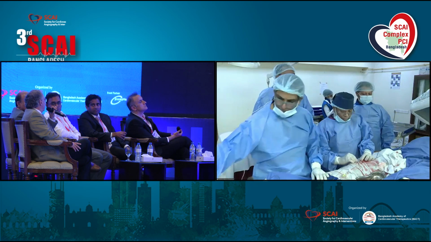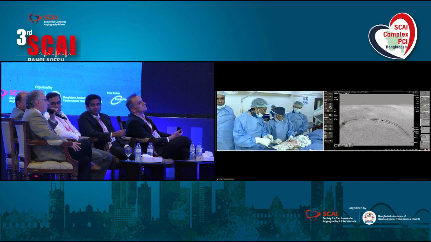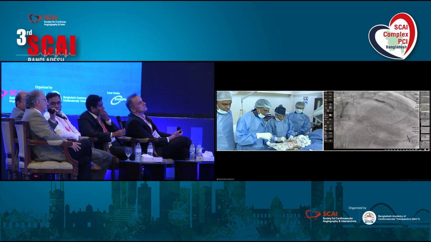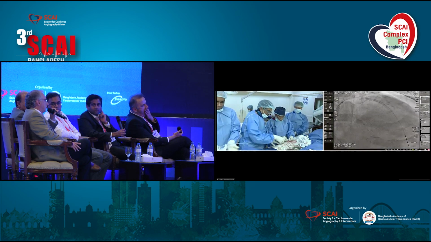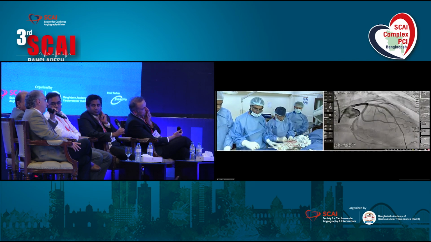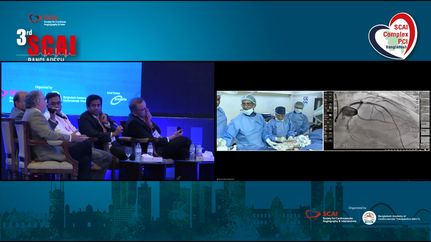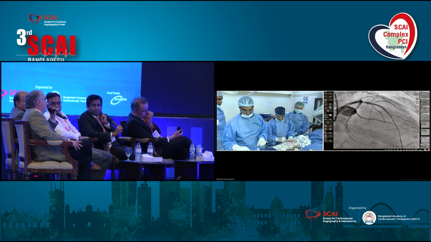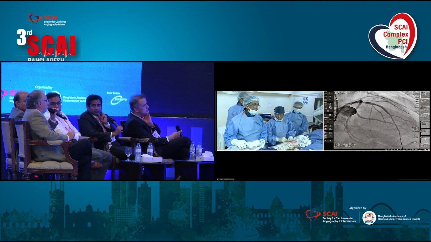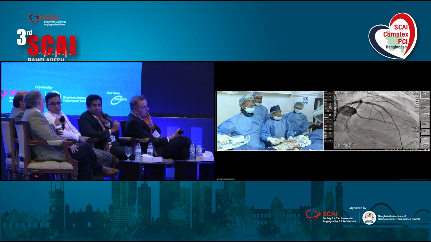I try not to do EEM to EEM, because I think you are going to overdilate and you can produce problems in those patients. I use the criteria: if the artery is completely clean, I go lumen to lumen, or media to media is more or less the same. But if there is a lot of plaque, I try to find the media point, but I try not to use EEM.